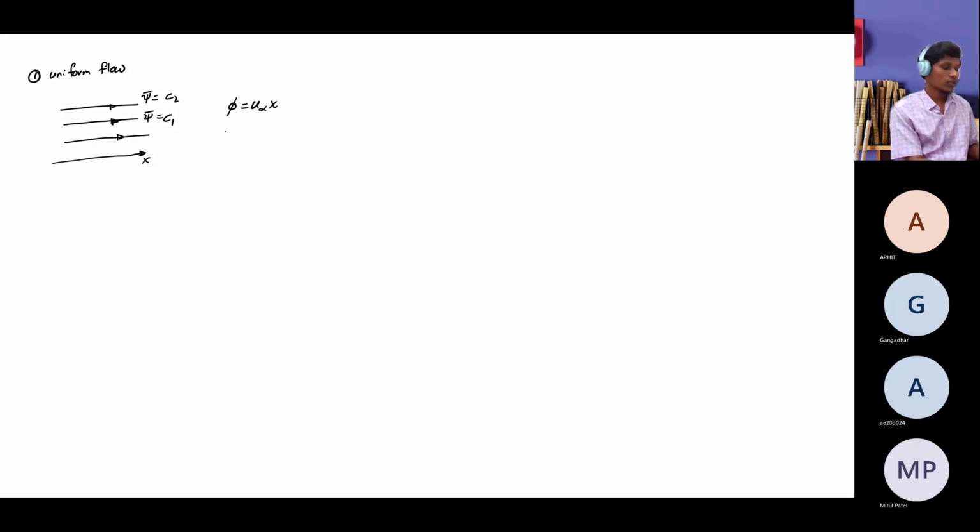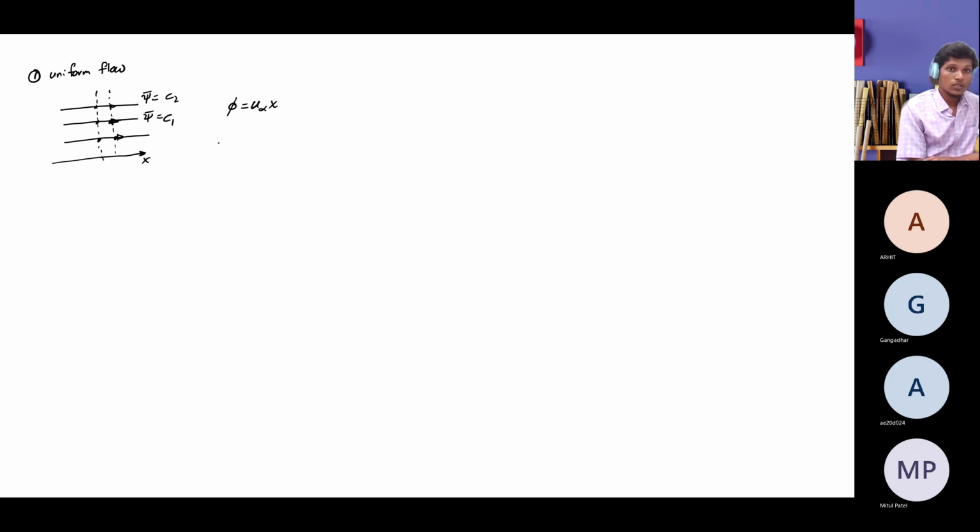See that the potential lines are perpendicular to your stream function lines, and they intersect at these points, perpendicular to each other.